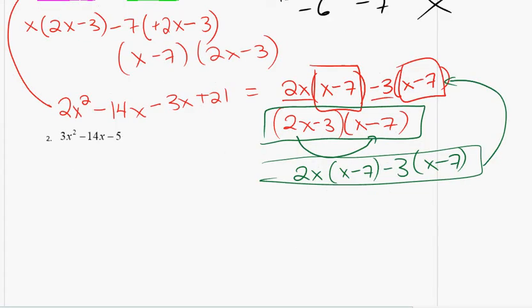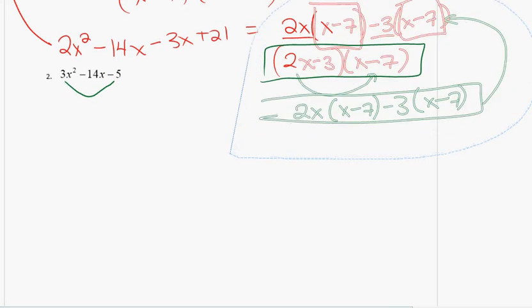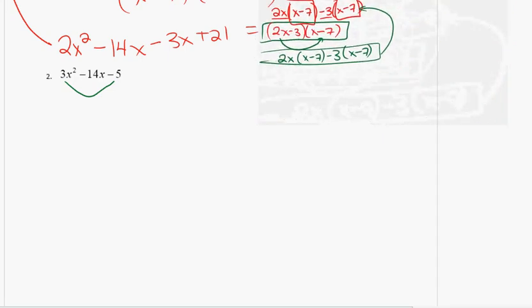Alright, so let's try the second one. Two things that multiply to a times c. So let me shrink down my work above. Two things that multiply to negative 15 that add to negative 14.